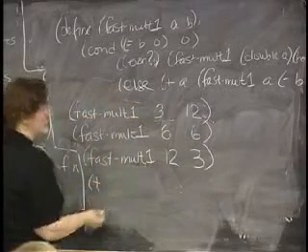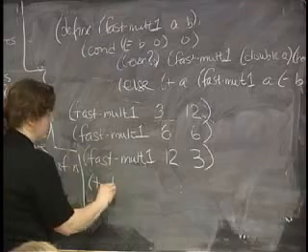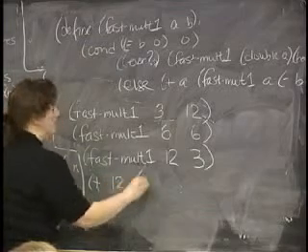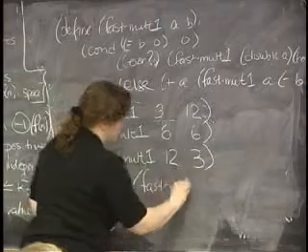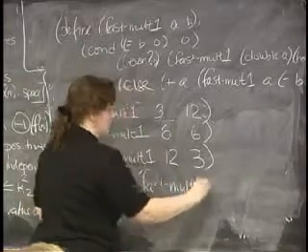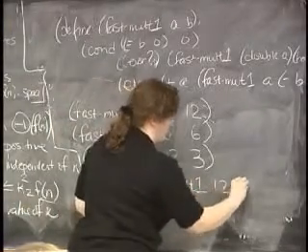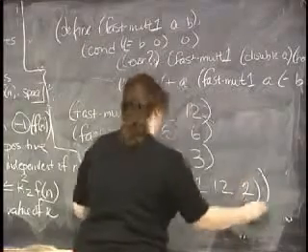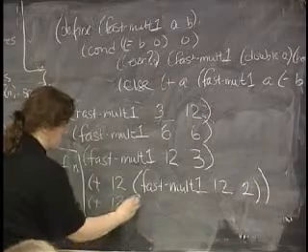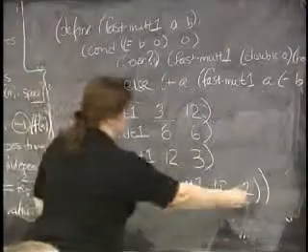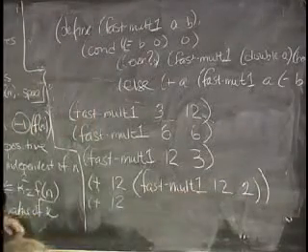So we delay the operation of adding A, 12, to fast mult 1 of A, B minus 1, 2. Okay, fast mult of 12, 2. 2 is even.